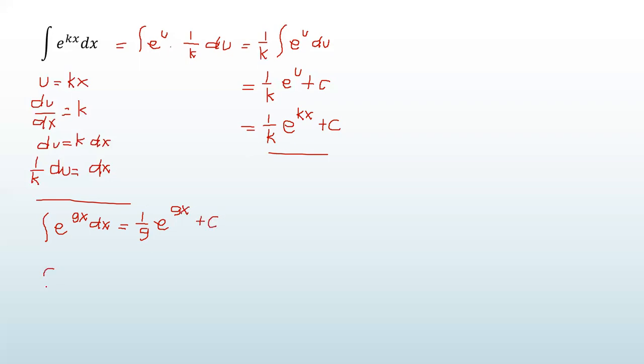Or another problem, the integral of e to the power 7x dx. According to this outcome, the solution is 1 over 7 e to the power 7x plus c. Okay, that's simple.